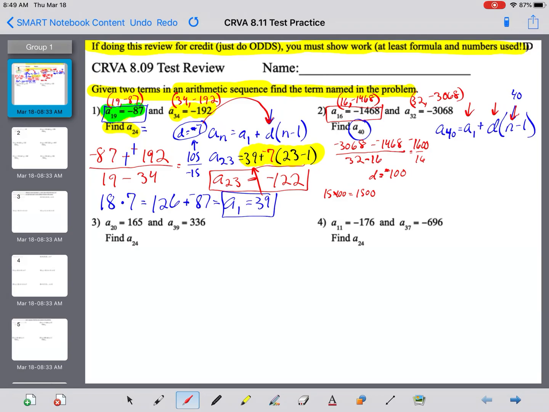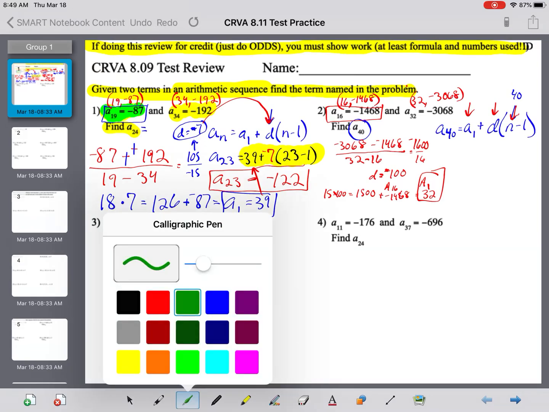And I'm going to add that to a sub 16, which is -1468. Which equals 32. So that's my a sub 1. But again, I think they'll give you that, I believe.